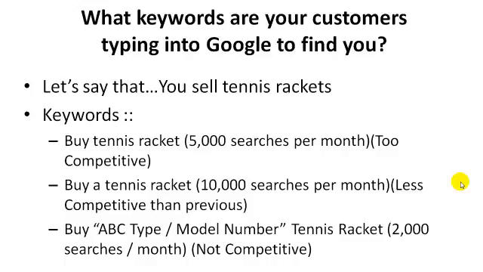At this point, I realize that, well, 2,000 searches, the fact that they are searching for that exact model number, means those are actual potential customers who want my tennis rackets. And I find out that that keyword is actually not competitive at all.